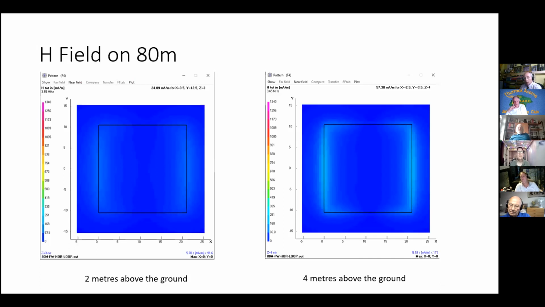Brilliant. So for most people with a long Yagi on a pole, it would be completely senseless to use the maximum gain in the direction the antenna is pointing. My experience is that the maximum exposure of the general public will be probably at something like 60 degrees down from the horizontal.